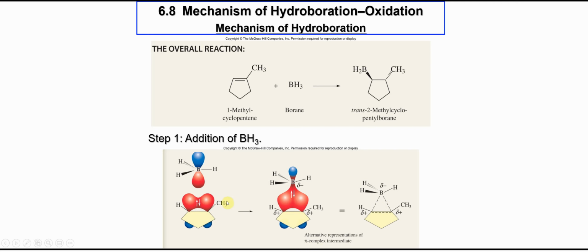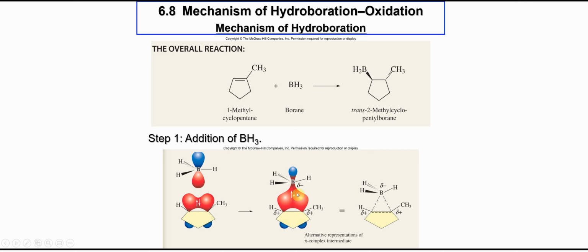What happened in your alkene, in this double bonded carbon? You have pi electrons, 2 pi electrons, coming from your p orbital, the pz orbital, which is not participating in hybridization. These 2 electrons are going to occupy the boron p orbital, which is empty.